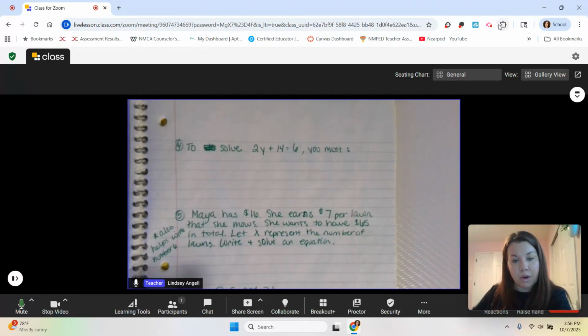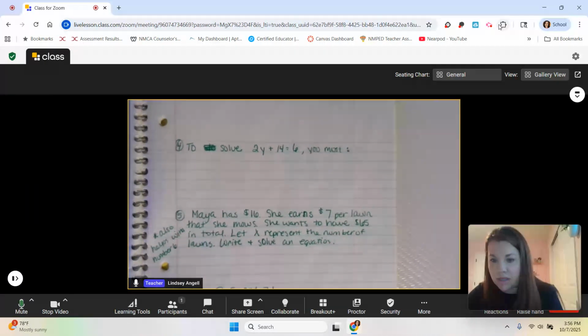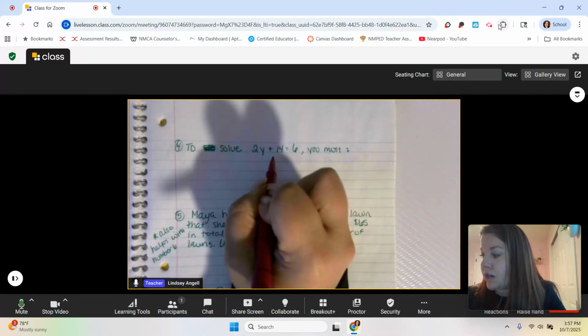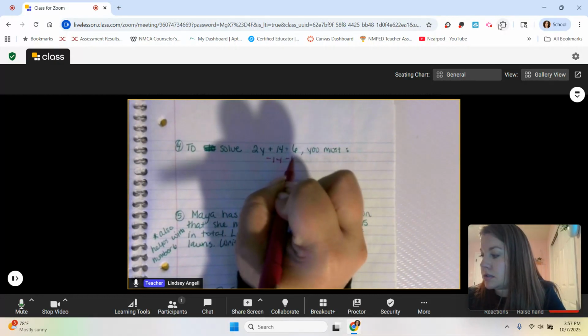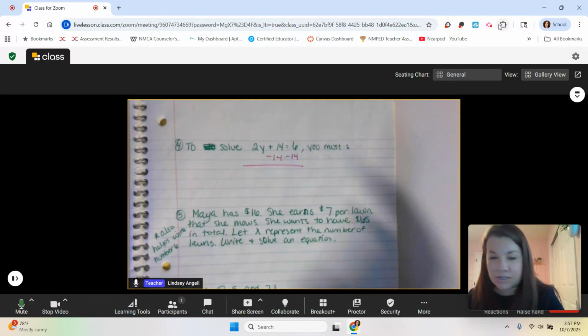On number 4, this one is also testing your knowledge of the steps. I have an equation here, 2y plus 14 equals 6. In order to solve this equation, you must first subtract 14 from both sides, which this one gets a negative.